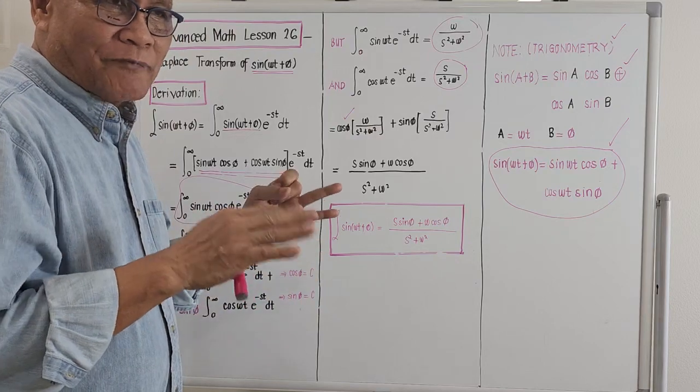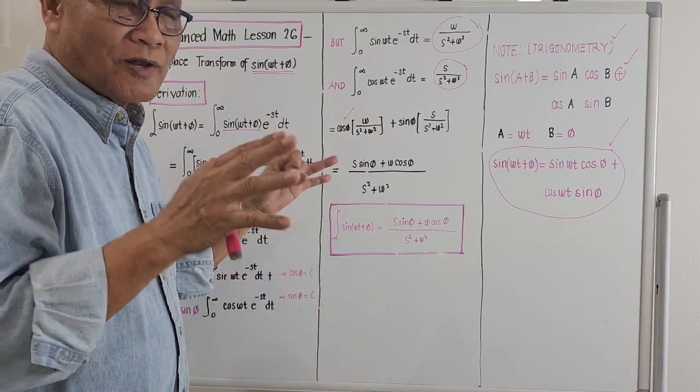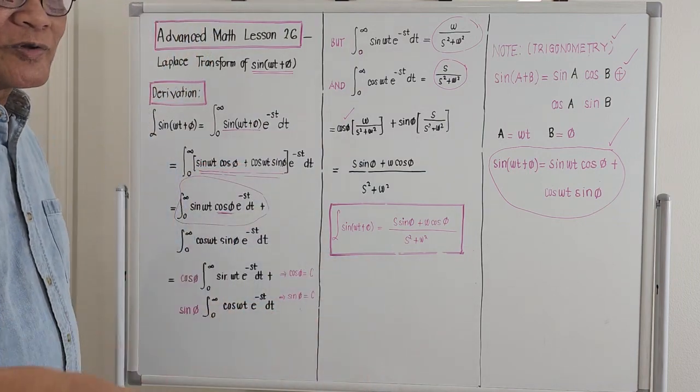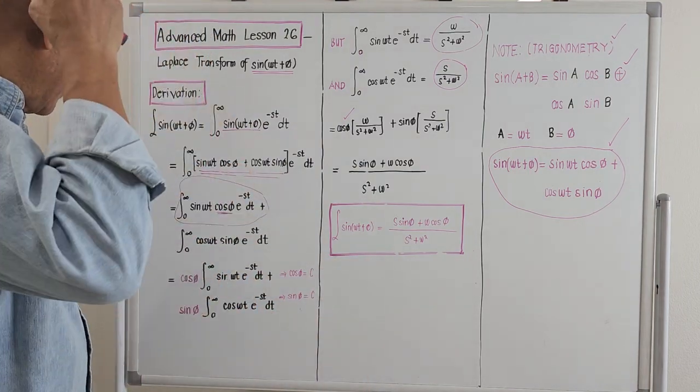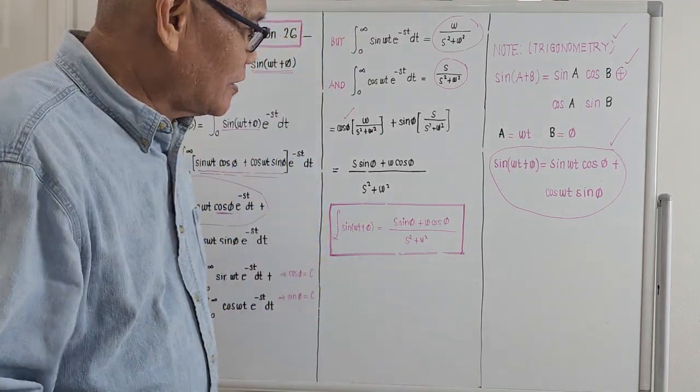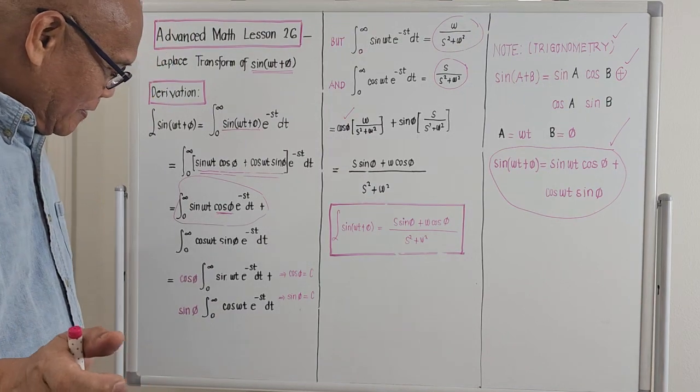We will be solving those problems by using Laplace transform formulas without using the so-called classical solution differential equation. Okay, so for those persons who are taking advanced mathematics, this is for you guys, okay?